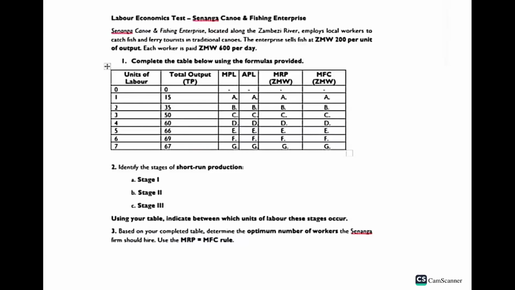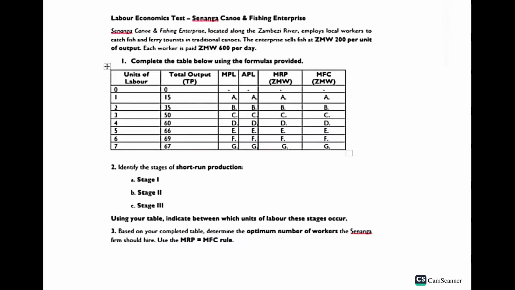Each worker is paid 600. That's the wage for each worker. Then you are to complete the table by providing answers from A through to G. Okay, let's go through this now.